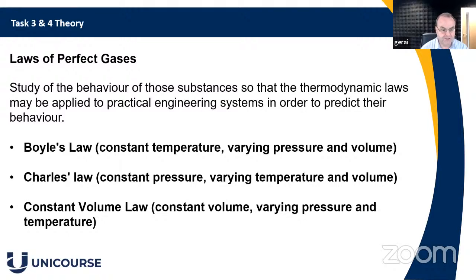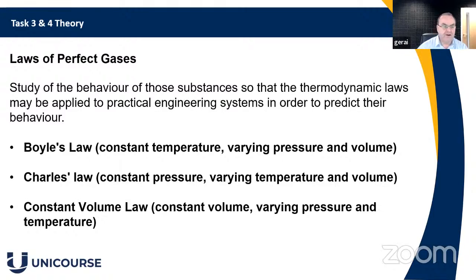Charles's Law did something very similar, but this time he kept the pressure constant and varied the temperature and the volume of that control volume of gas, quantity of gas. And then we have the constant volume law, that's not assigned to anybody. And again, as you might imagine, the volume was kept constant and the pressure and the temperature were varied, and the results analysed.